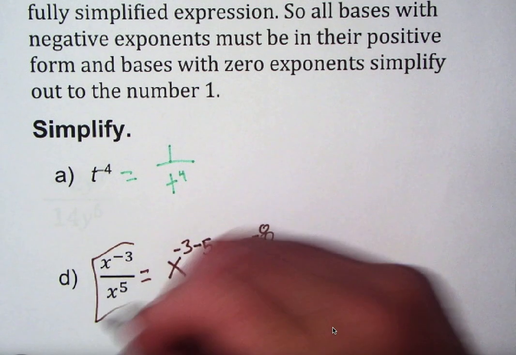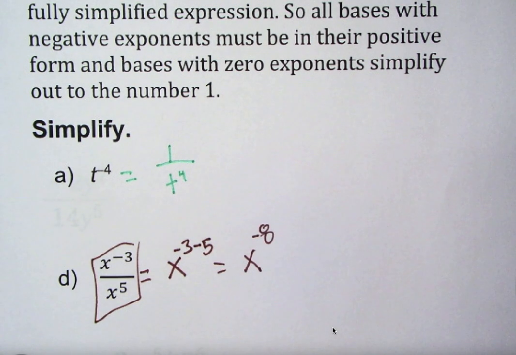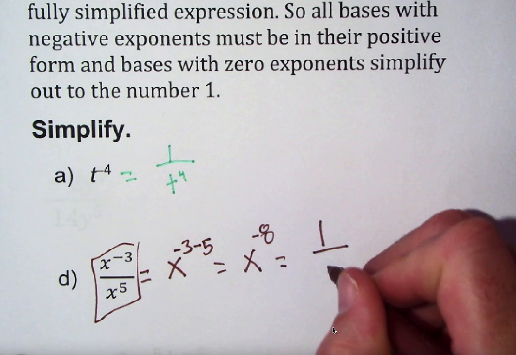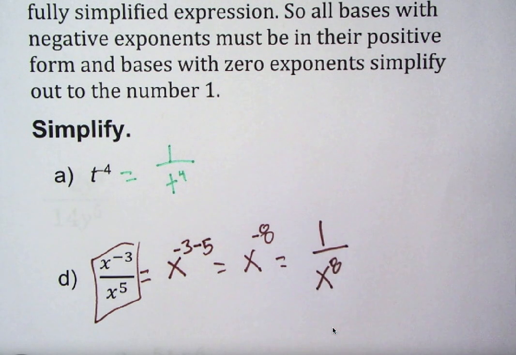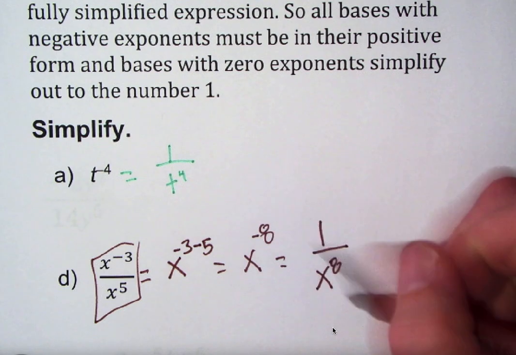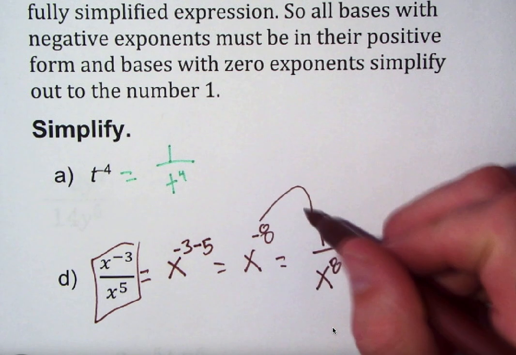So when we divide by the same base, we're allowed to subtract the exponents. But this is not simplified, so you get 1 over x to the 8th. So again, if you're dividing by the same base, we learned that we subtract the exponents. And then you can't have a negative exponent in your final answer, so 1 over x to the 8th.